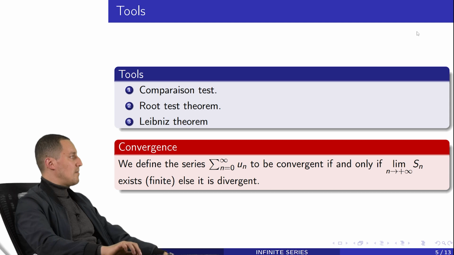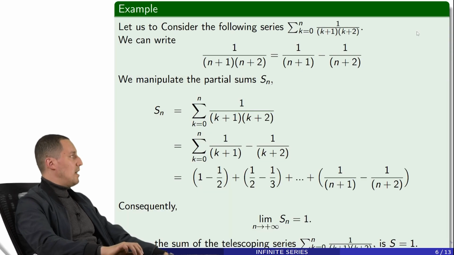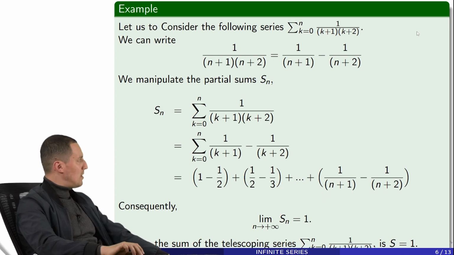After that, I will show you the first example of the infinite series, called the telescopic series. The telescopic series is the sum of consecutive real numbers. I will illustrate some kind of telescopic series.